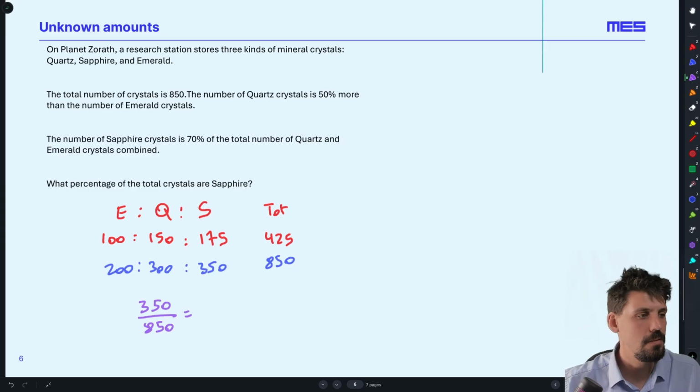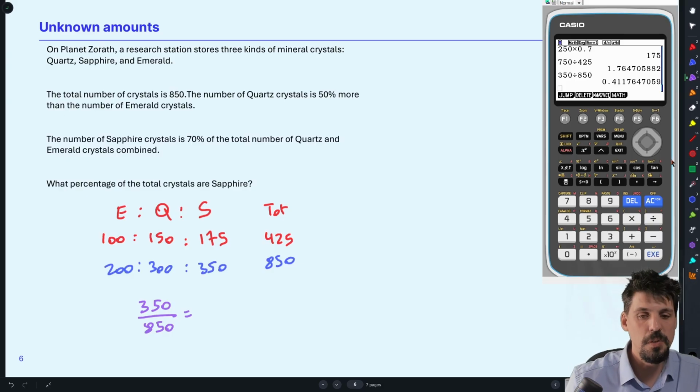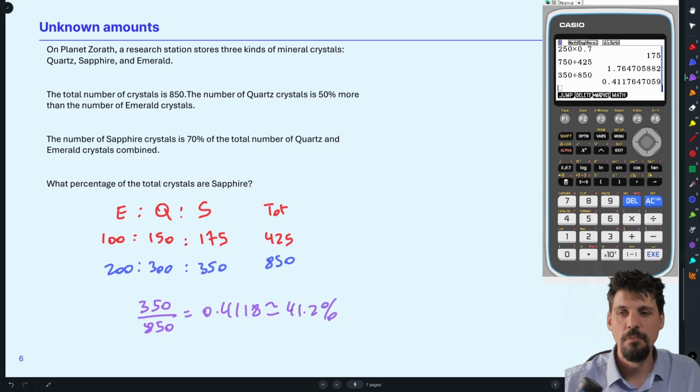Which will give us, as the magic calculator gets up here, about 41.2%. And that is ratios.